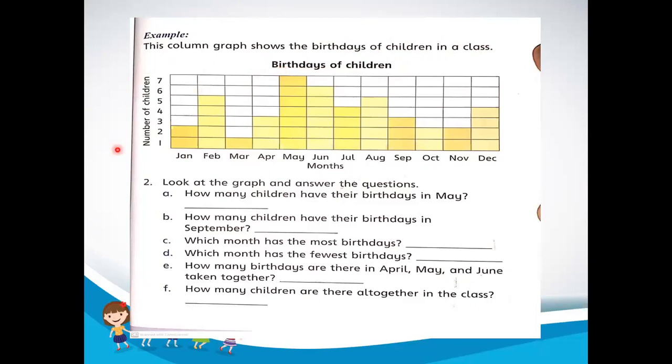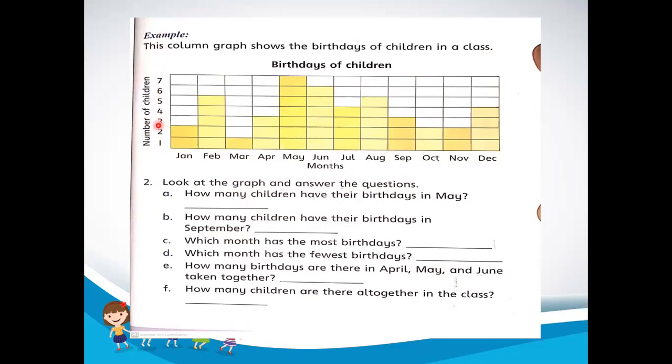You can see here the labels, number of children and name of months. Number of children is on the y-axis, and on the x-axis are the 12 months. And this is the scale, number of students from 1 to 7.